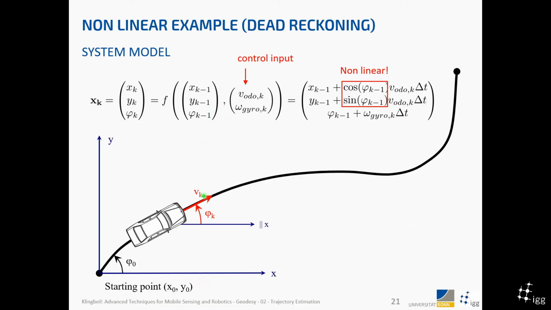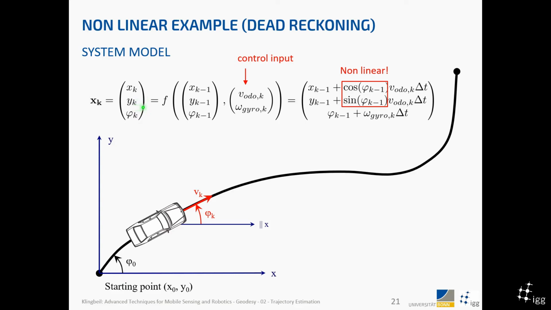We learned also very quickly that this assumption of the linear model does not really hold in most cases. An example that we talked about is if we have a position of our car, for example, here of x and y, so it's just a two-dimensional problem, and this gives us the orientation of the car with respect to north, for example, or to east.